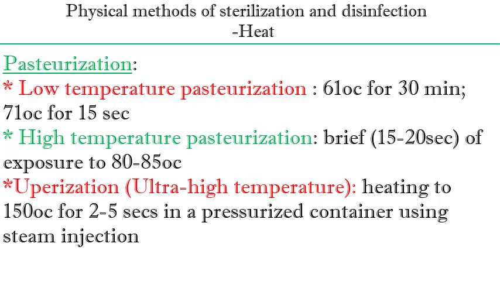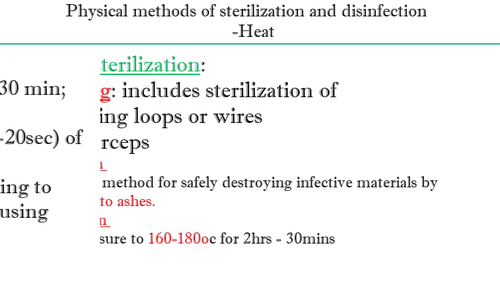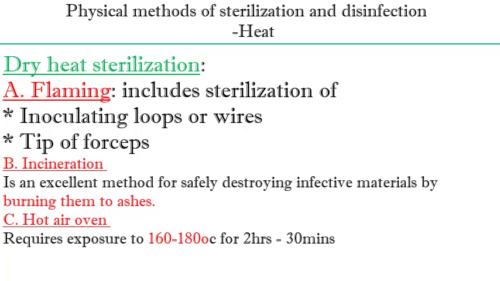In vaporization or ultra-high temperature pasteurization, heating to 150 degrees Celsius for 2 to 5 seconds in a pressurized container using steam injection is used. Since pasteurization applies temperatures below what would be required for sterilization, it is less effective and does not kill bacterial spores.